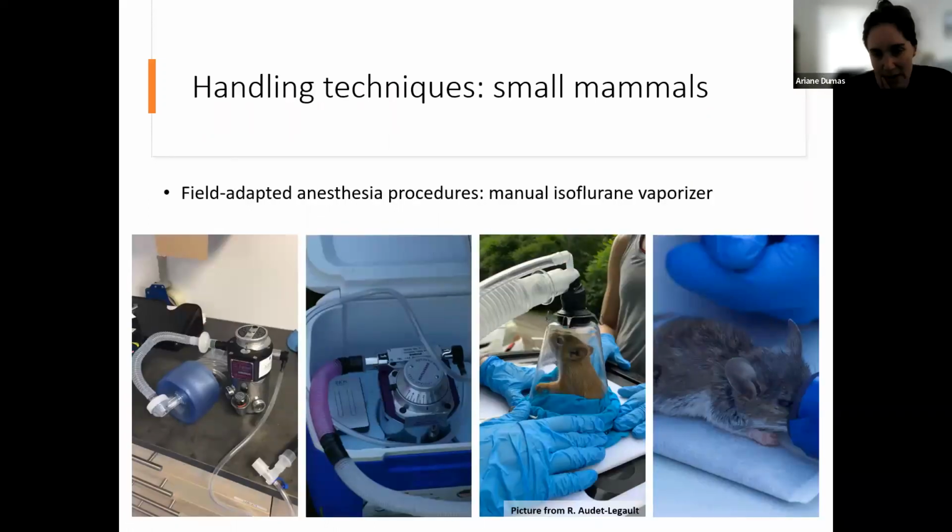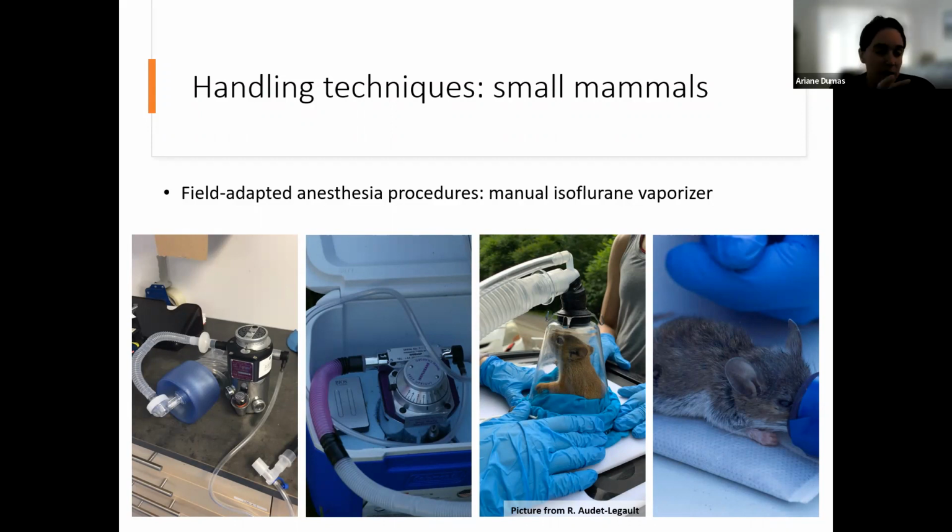So for small mammals, to do a good inspection and to collect the ticks or any samples you may want to collect, it's important to work with the animals under anesthesia. To do the anesthesia, we used an adapted isoflurane vaporizer for the field.